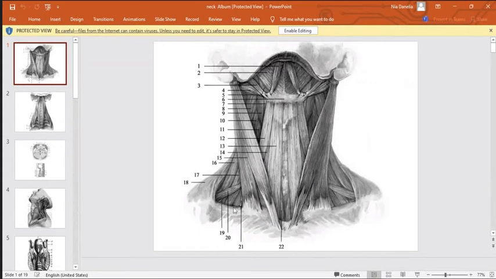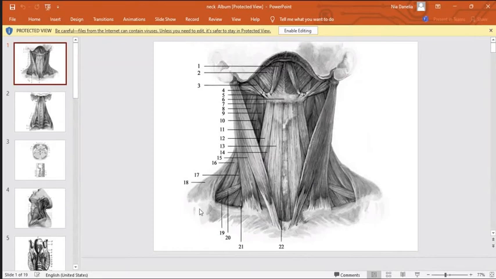Inferiorly, it is bounded by clavicle, and posteriorly it is bounded by trapezius muscle. In the lateral triangle, we have two triangles, supraclavicular and omotrapezius triangle. Supraclavicular triangle includes main vessels and nerves of the lateral triangle.